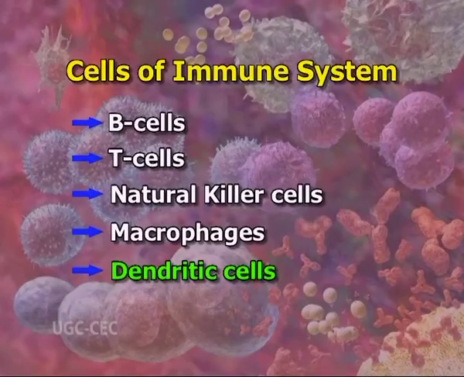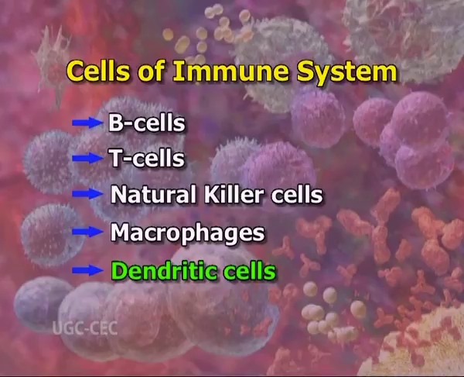Next is dendritic cells. Dendritic cells also originate in the bone marrow and function as antigen presenting cells. In fact, dendritic cells are more efficient APCs than macrophages. These cells are usually found in structural compartments of the lymphoid organs such as the thymus, lymph nodes and spleen.